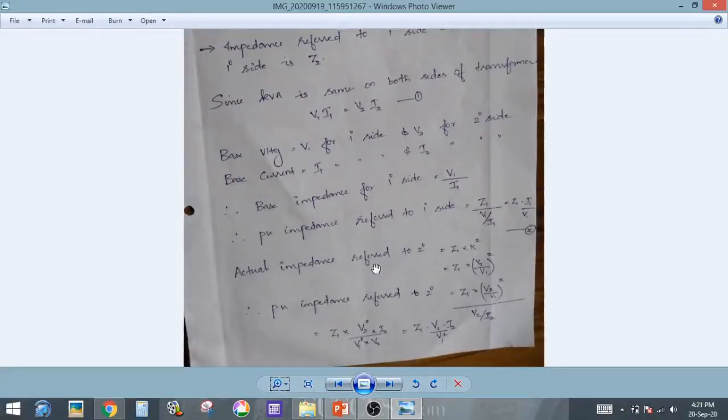And we know from the equivalent circuit of a transformer, if all impedances are transferred to either the primary or secondary side, then the calculation will be much easier. Therefore, if Z1 is the impedance of the primary side, and when this Z1 is referred to secondary, the actual impedance referred to secondary equals K square into Z1.